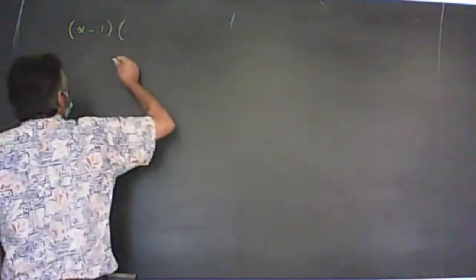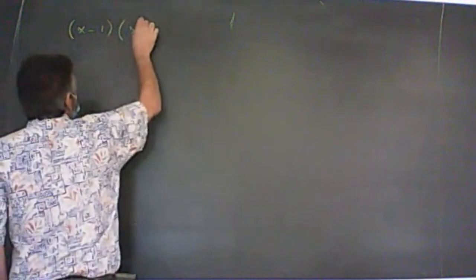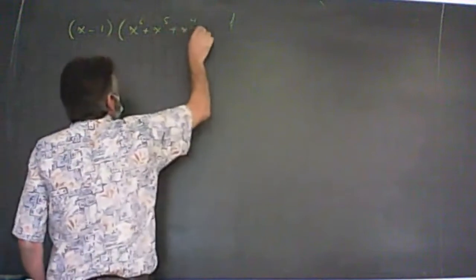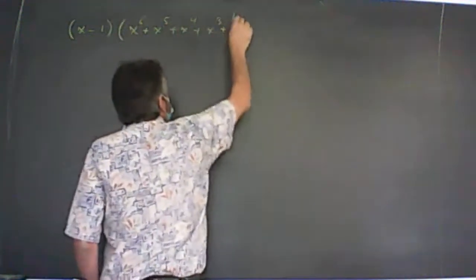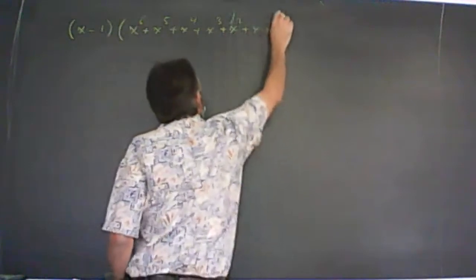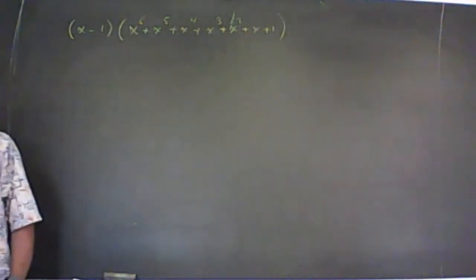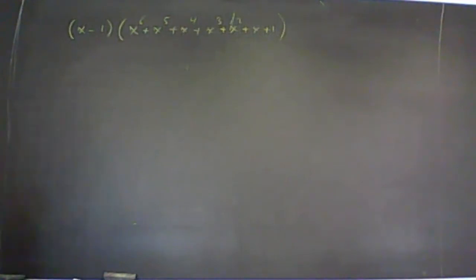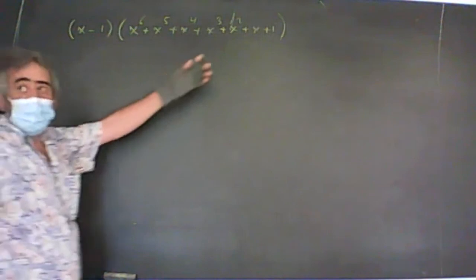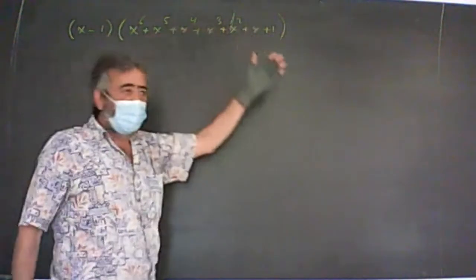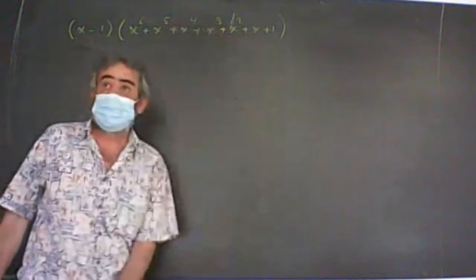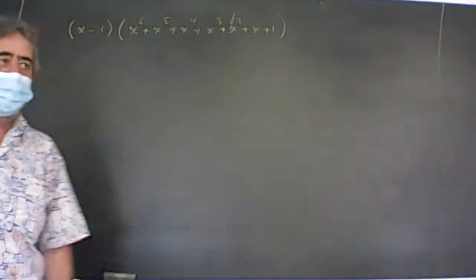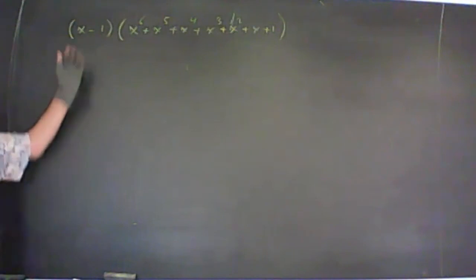Suppose I want to multiply x minus 1 by x to the power 6, 5, and so on, going down to the constant. Notice those exponents are descending one at a time, and we're multiplying that by x minus 1.